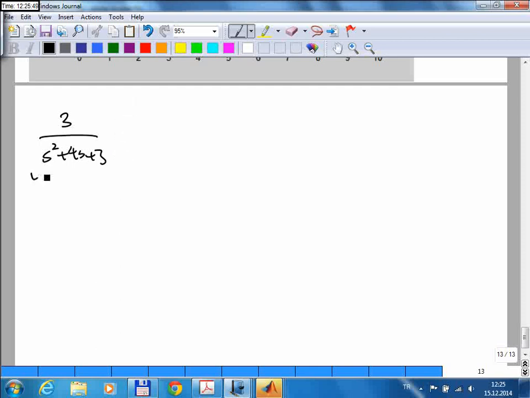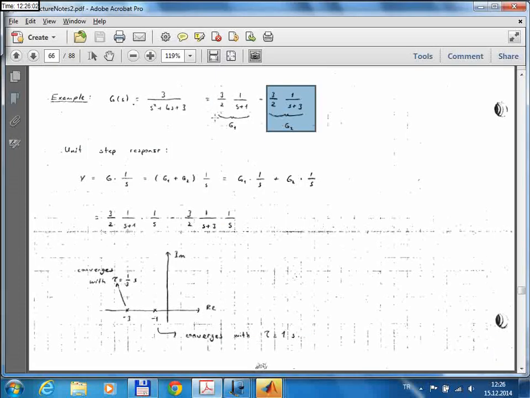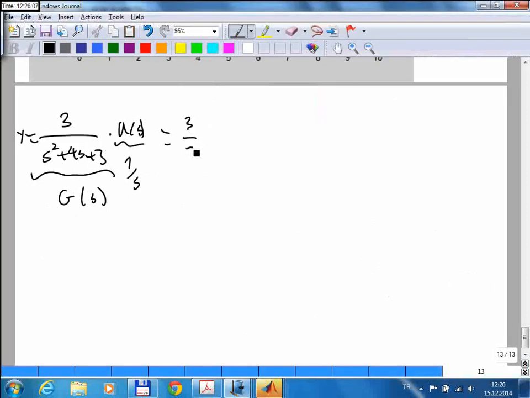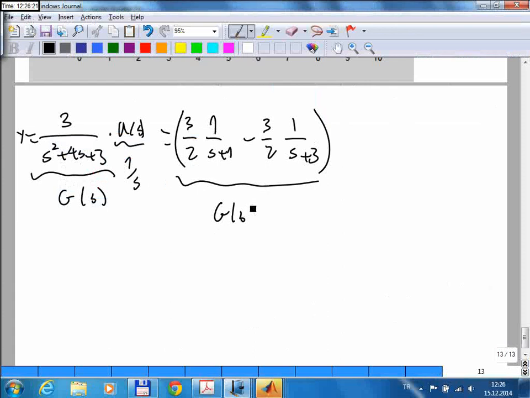So this is U of S. You multiply this by U of S if you want to find the outputs, and this is 1 over S. So this can be written as follows. First, you do the partial fraction expansion here. So this is G of S, and you multiply it with the input 1 over S.